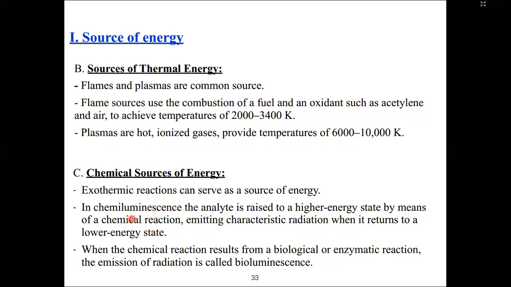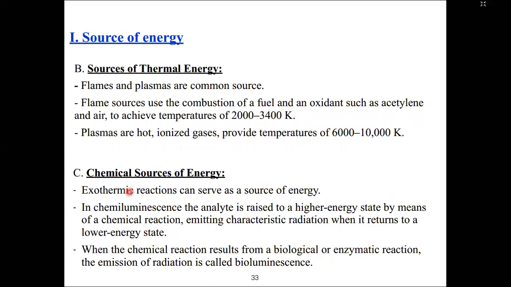The energy is released by the reaction, and the molecules absorb that energy, go to the higher excited state, and when they relax to the lower energy state, they emit certain electromagnetic radiation, which will be detected. When the chemical reaction results from a biological or enzymatic reaction, the emission of radiation is called bioluminescence.